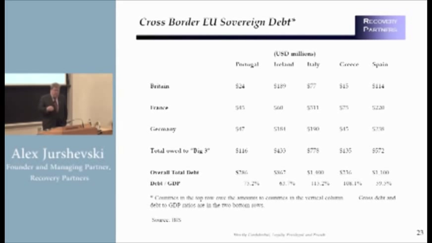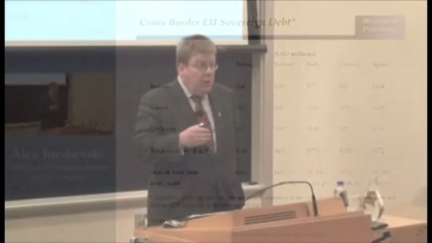Because Greece owes a tremendous amount of money to key banks and key governments within the Eurozone. So does Italy, so does Spain. And the problem is that these obligations are on the books now and need to be dealt with. They can't be easily restructured.